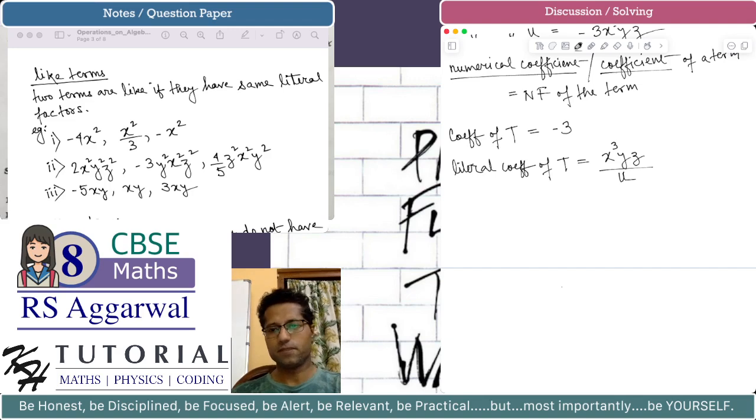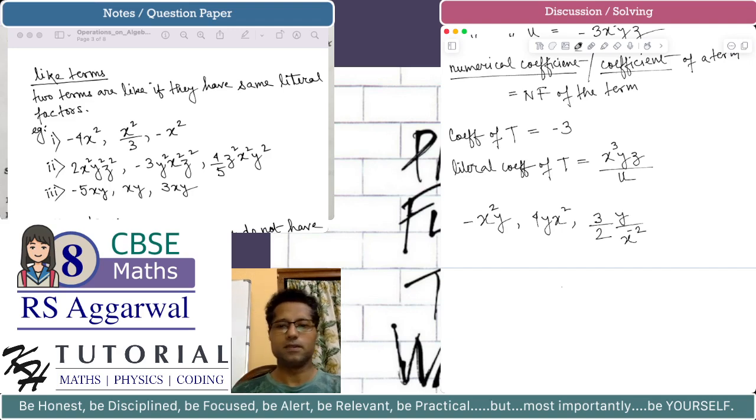So let's say I have some terms: minus x square y, the term 4y x square, the term 3 by 2 y, and let's say the term y by x to the power minus 2.